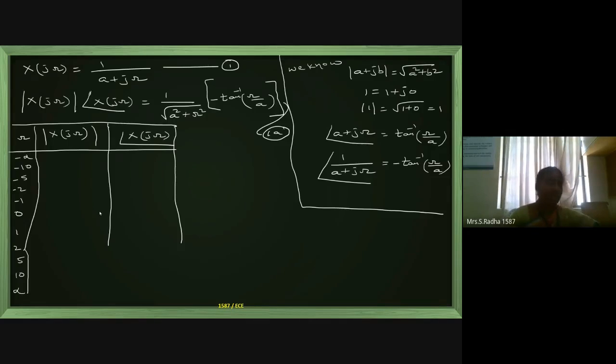Because I have calculated, I will directly copy it. Otherwise you have to put it in equation 1a and simplify. Put omega value 0: in equation 1a, 1 divided by square root of a square plus 0, which is 1 divided by a. Magnitude is 1 divided by a.